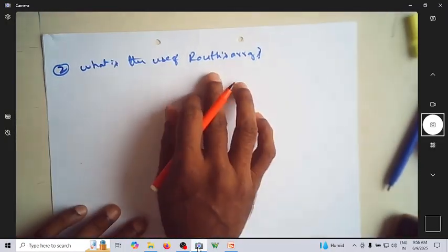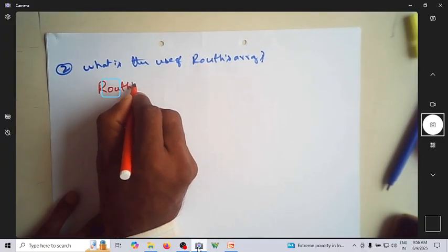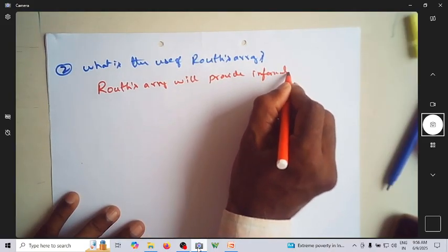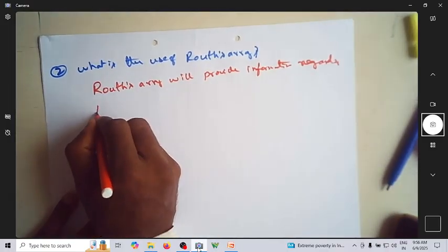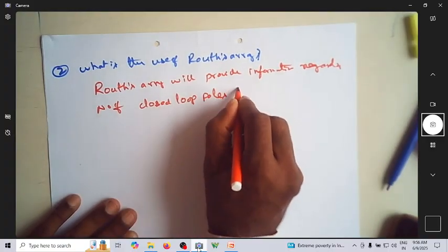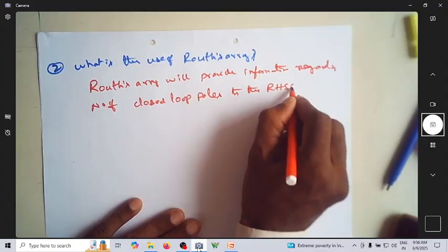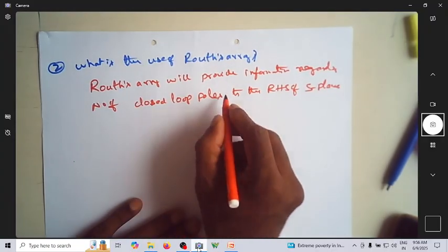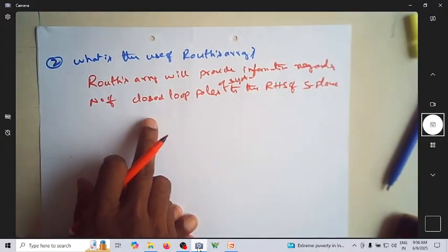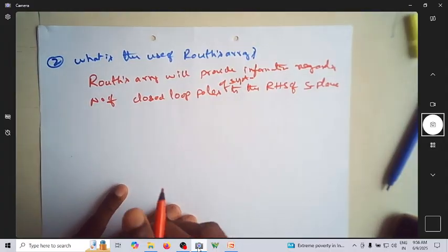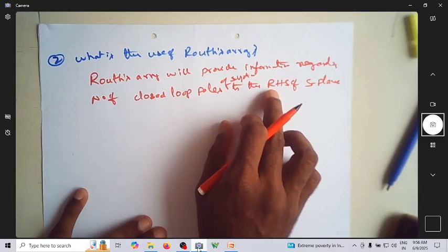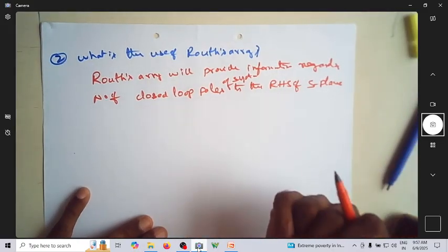The Routh array will provide information regarding the number of closed loop poles of the system towards the right hand side of the S-plane. So what does this actually mean? If you know the number of closed loop poles towards the right hand side of the S-plane, then we can talk about stability of the system.